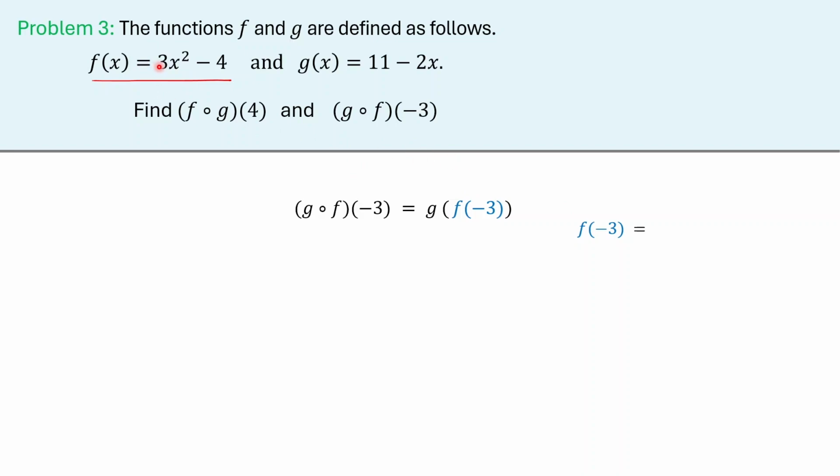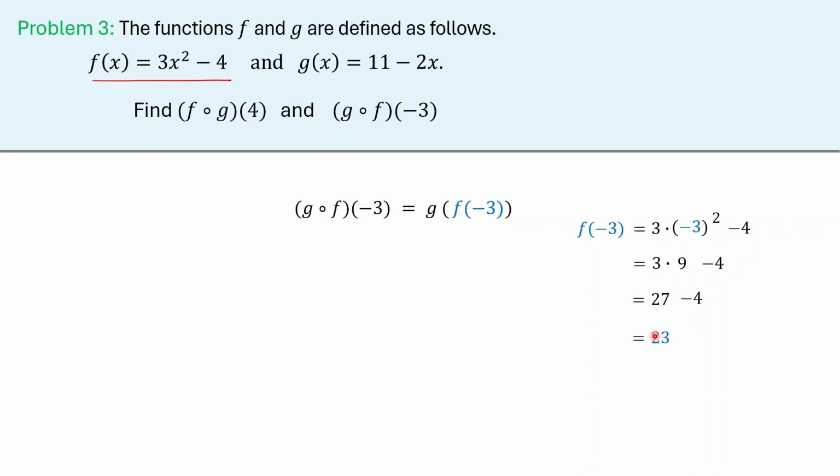You get 3 times x, put negative 3, put parenthesis because this is negative, then squared minus 4 is equal to 3. Negative 3 squared is positive 9 minus 4 is equal to 3 times 9 is 27 minus 4 is equal to 27 minus 4 is 23. So f of negative 3 is 23.